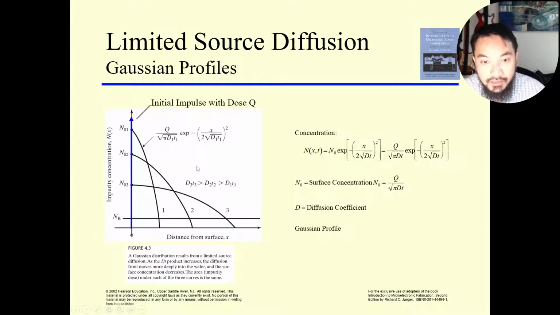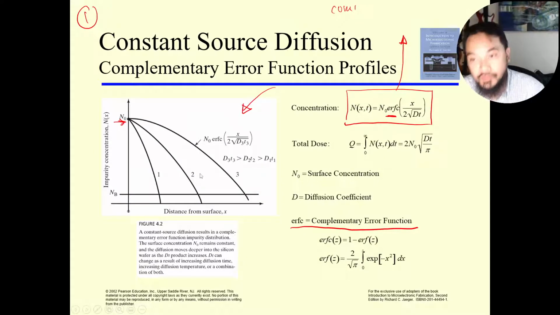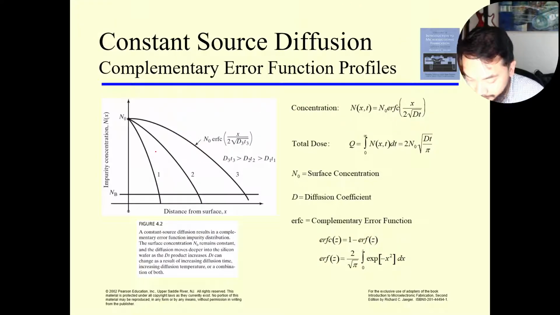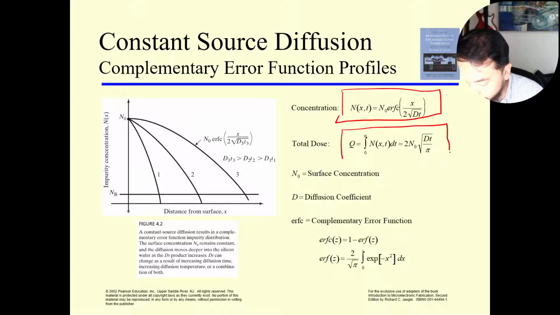Now, reverse back to the constant source diffusion. This is the equation that governs the line. So this equation describes all these lines. And then you can have an equation to calculate the dose.